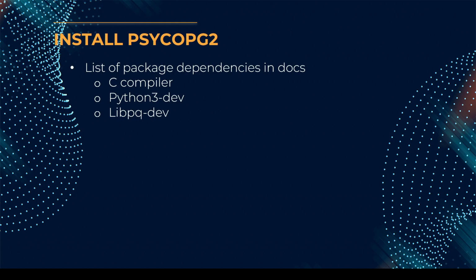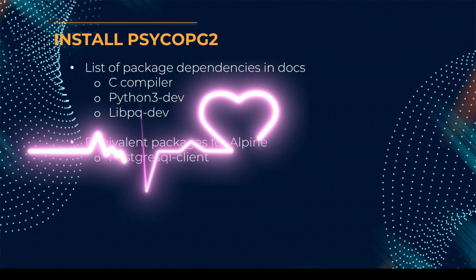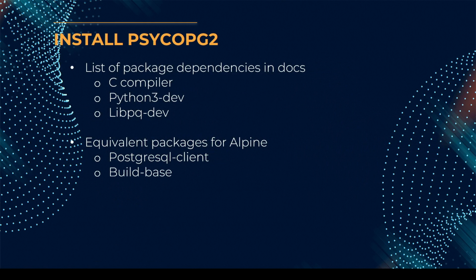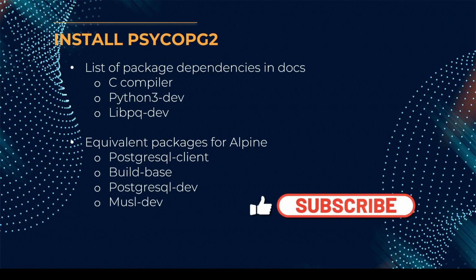However, these packages aren't always named the same across different package managers, so I had to do a bit of trial and error, but I eventually found the equivalent packages you need for Alpine are postgresql-client, build-base, postgresql-dev, and musl-dev.